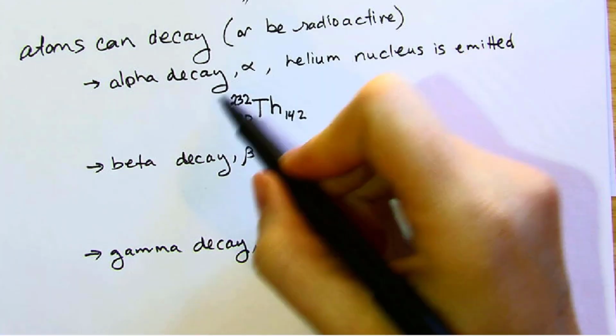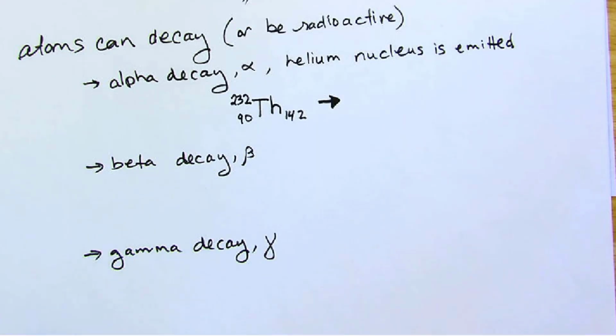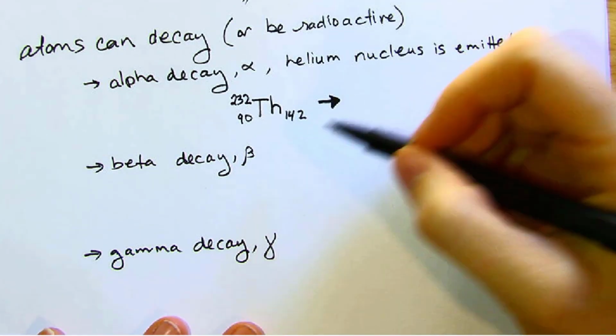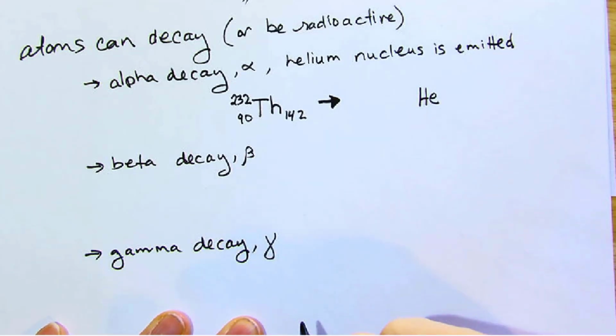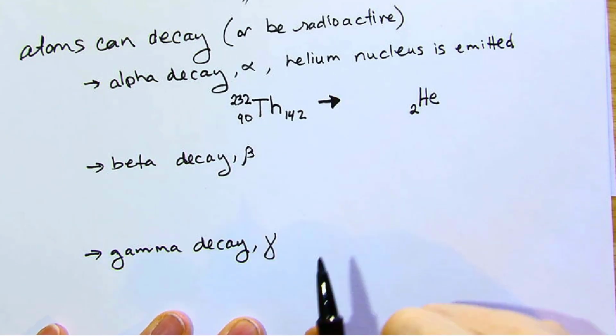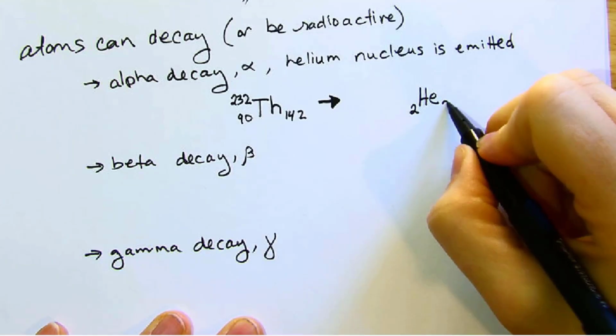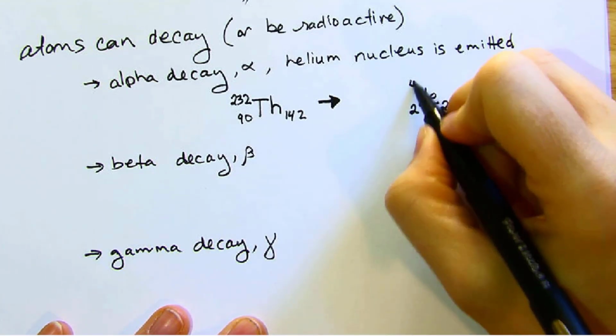Now, this just happens to be unstable. It can do an alpha decay, which means a helium nucleus is going to break off. And so helium is abbreviated with He. And by definition, it has 2 protons. And a helium nucleus has 2 neutrons. So it has a mass of 4.